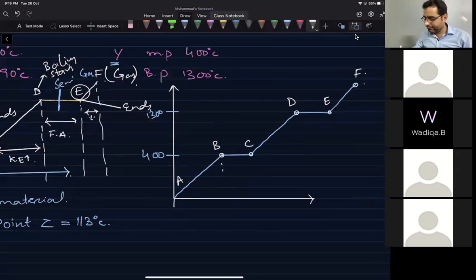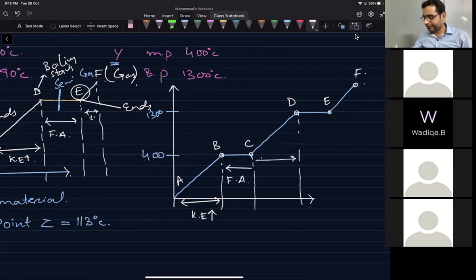Between A and B, temperature is increasing, which indicates an increase in kinetic energy. Between B and C, forces of attraction are reduced. Between C and D, again, kinetic energy is increasing.